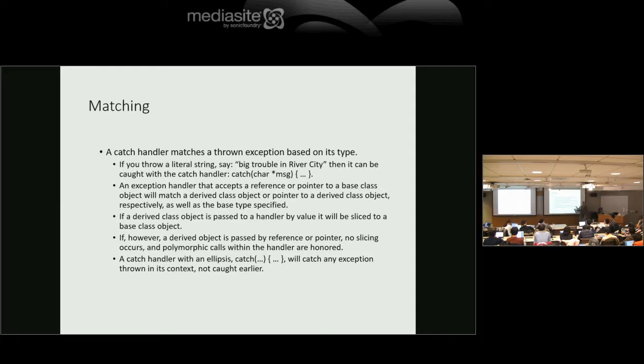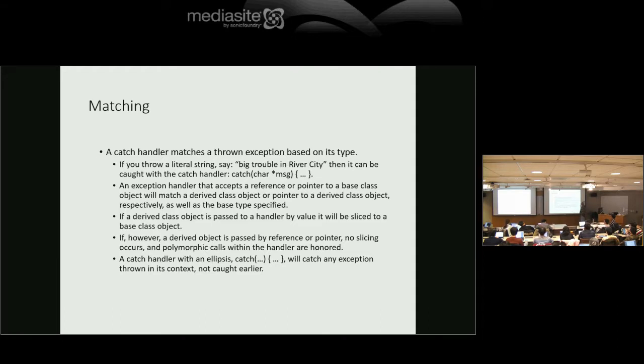Because if I catch a derived class by value, it's sliced to the base part. I have a base copy constructor called, and it just knows how to copy the base part. So I've lost all the derived stuff, and that's what's called slicing.